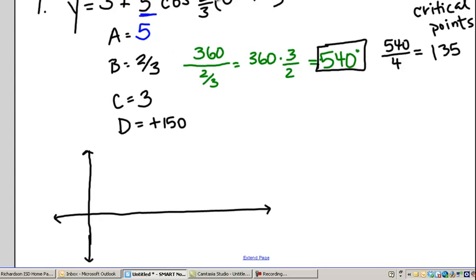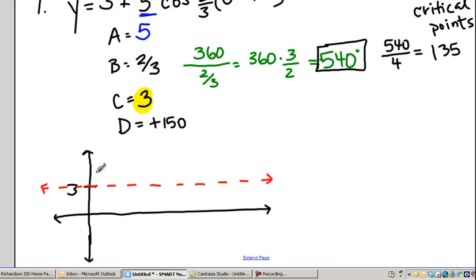Our sinusoidal axis is what C is, so 3. So we are going to go up to 3, make a mark. I want you to do a dash line or use a highlighter and make a horizontal line at positive 3, because that is now our sinusoidal axis. Okay?